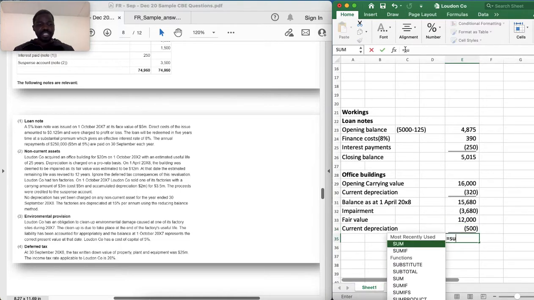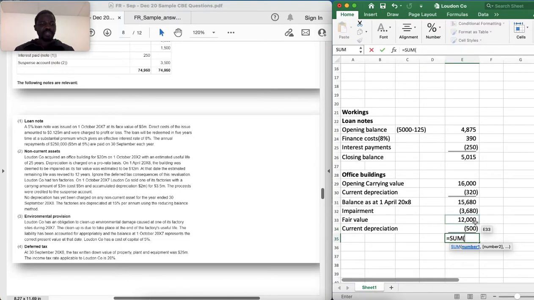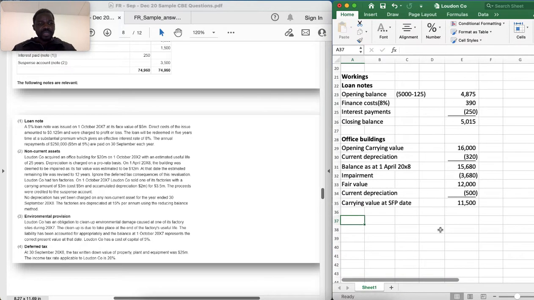Then now we need to sum to get the closing balance or the carrying value at SFP date. Now we have got figures there, but we'll transfer once with the other asset.